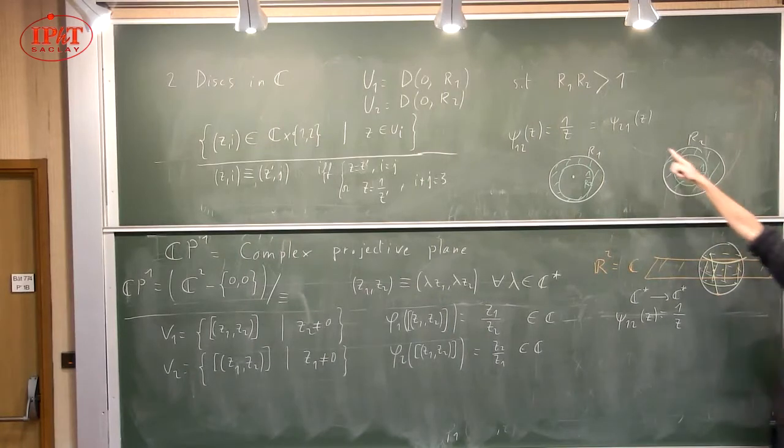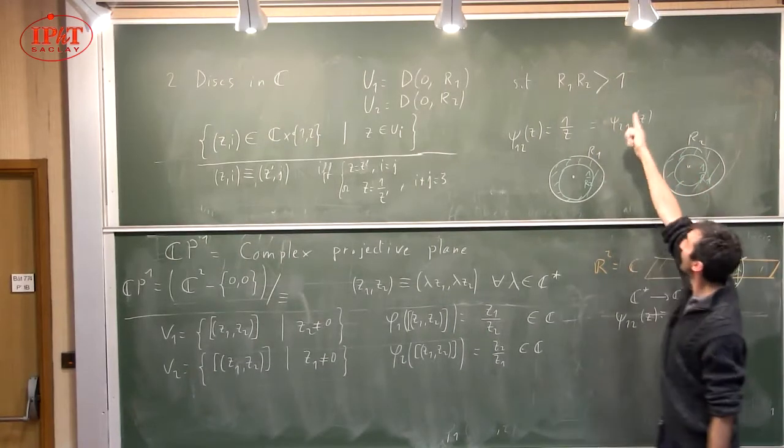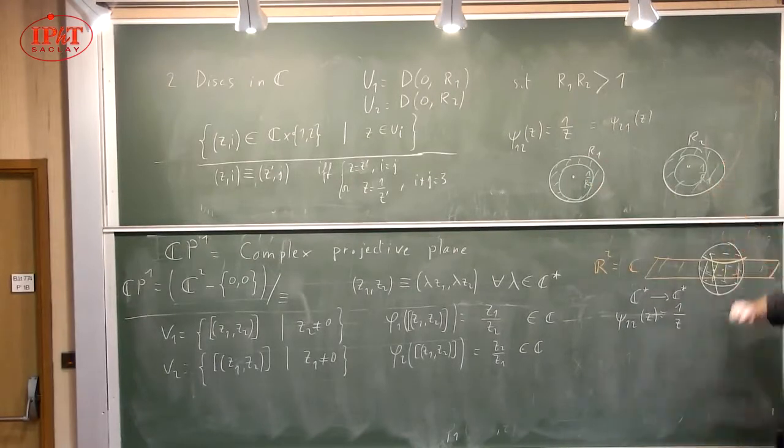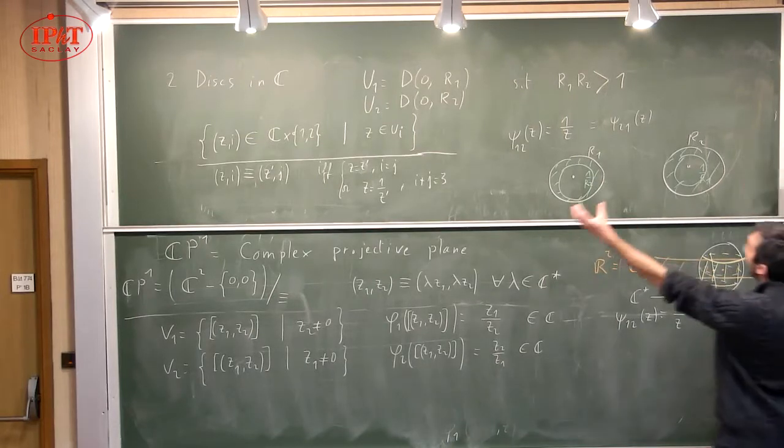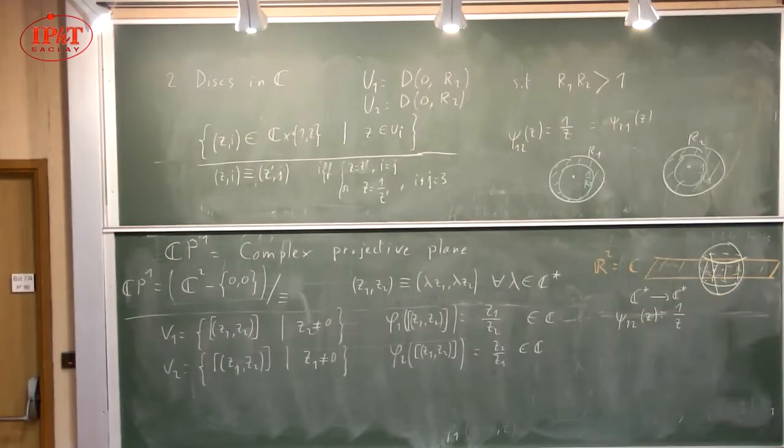And because of this condition R1, R2 greater than 1, this annulus is not empty. Okay. And basically I glue these together, so I glue two disks along an annulus and you get a sphere.